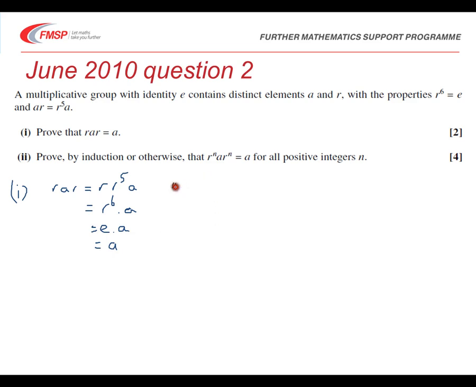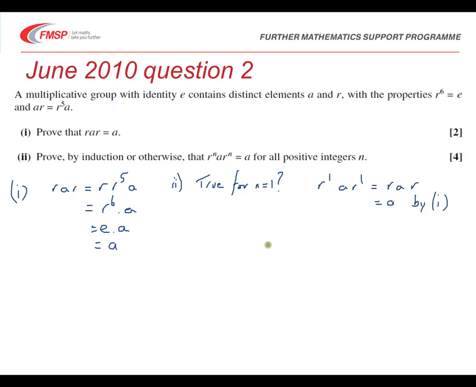Part 2. Prove by induction or otherwise that R^n A R^n is A. Well, I may as well try induction because that's what it's suggesting there. So, going back to FP1 stuff, is this true for n equals 1? I've got R to the 1, A, R to the 1 is RAR, which is A by part 1.